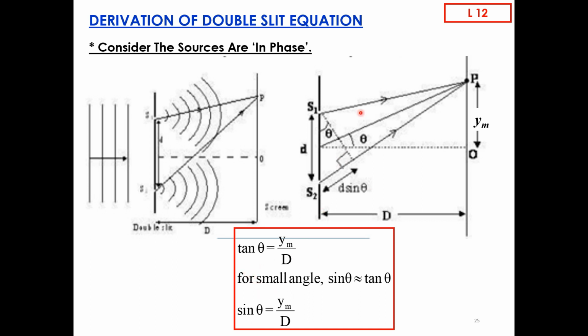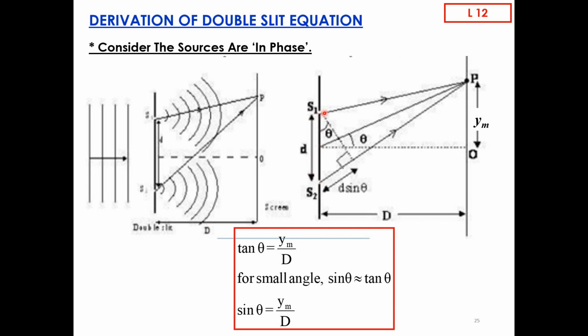Now I refer to the light ray from source 1 and the light path from source 2. The difference between source 1 and source 2 is the path difference, which equals d sin theta. Why d sin theta? From source 1 and source 2, we have small d, the distance between two slits.